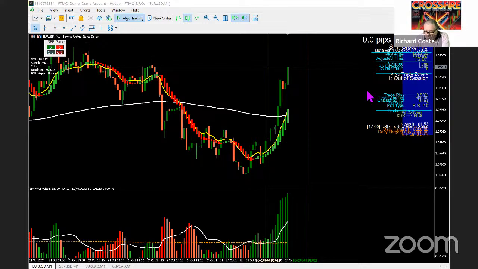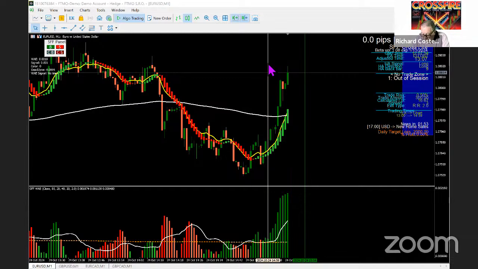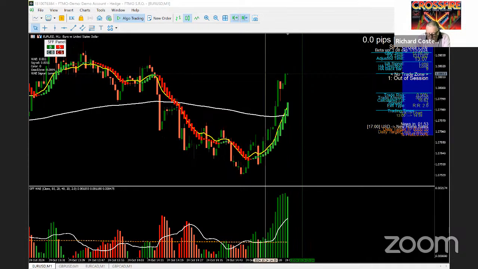Okay, so for the benefit of anybody who's watching for the first time, this is my MT5 on Euro USD. I'm on the 1 minute time frame. We have a white line here which indicates the 1 o'clock line. There's a slight difference between the computer time and the broker time, so it's showing us 14:59.